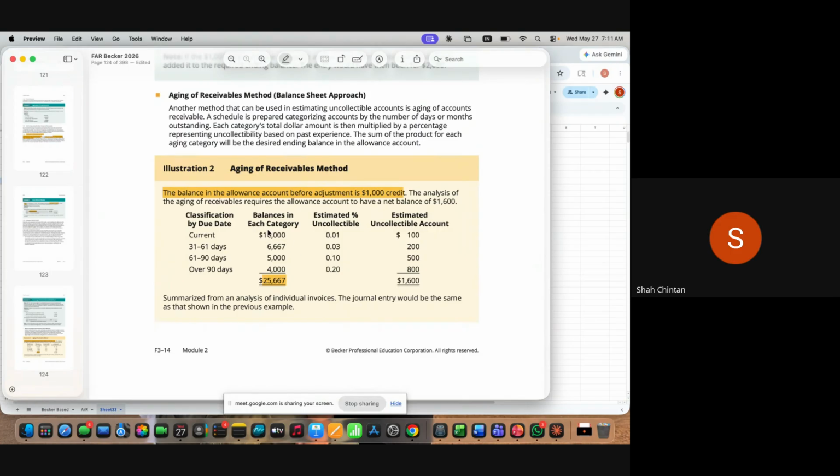So accounts receivable balance into percentage gives you how much amount may not be collectible. So if you do the mathematics, $10,000 into 1%, $100, $6,000 into 3%, $200, $5,000 into 10%, $500, and $4,000 into 20%, $800.